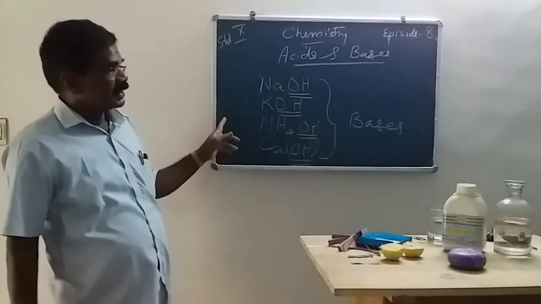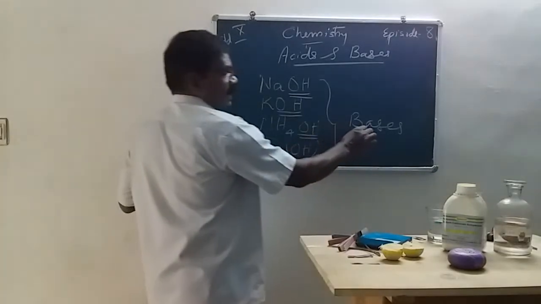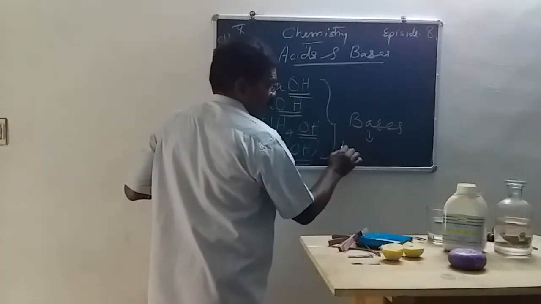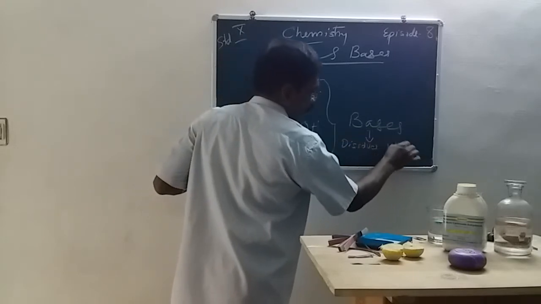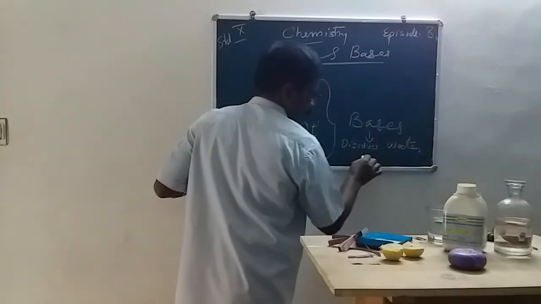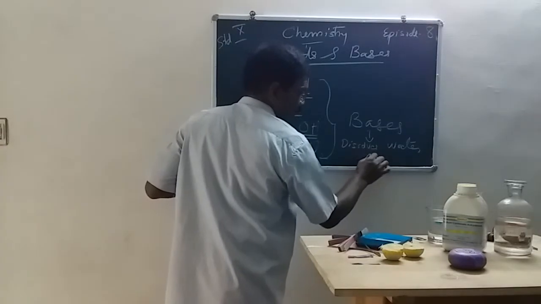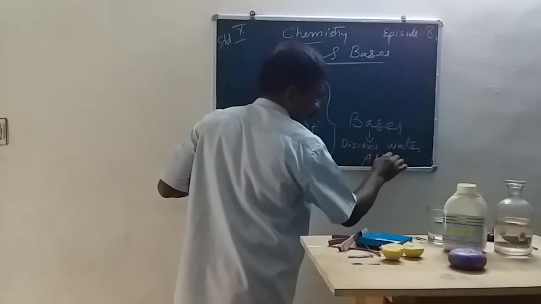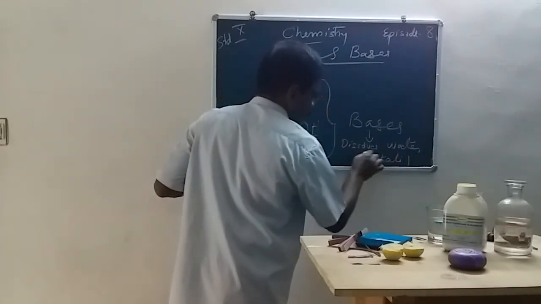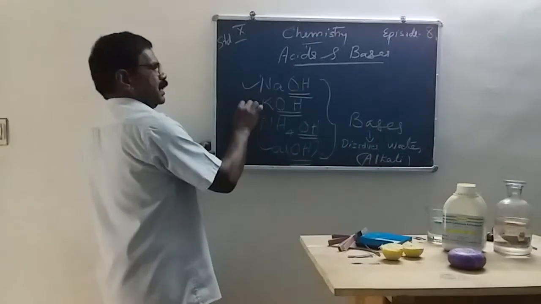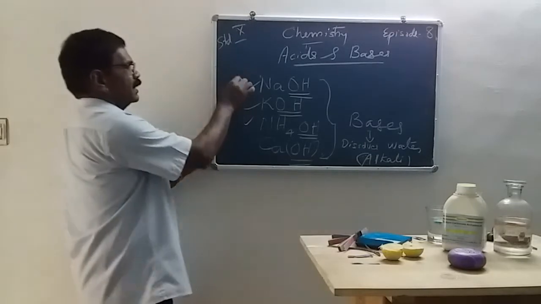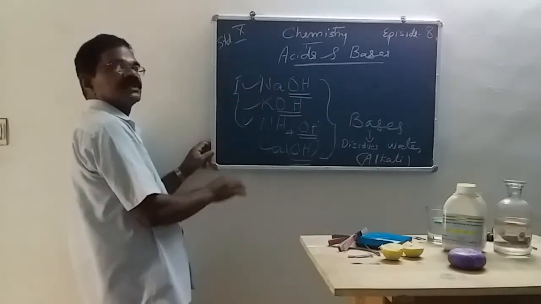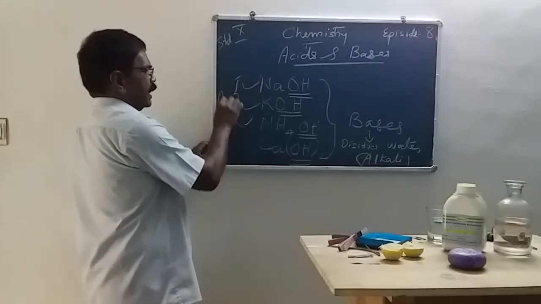Only those bases which dissolve in water are called alkalis. Here, sodium hydroxide, potassium hydroxide and ammonium hydroxide, these three dissolve in water, so they are called alkalis.